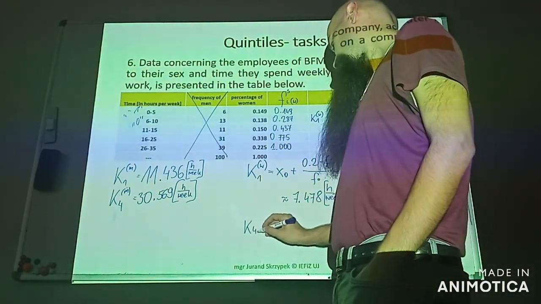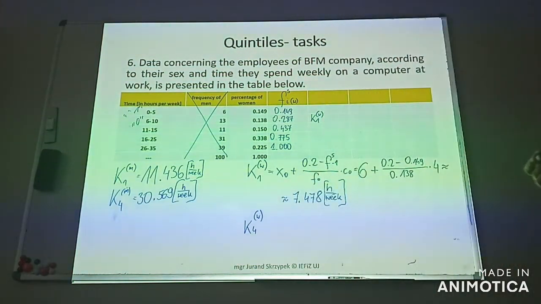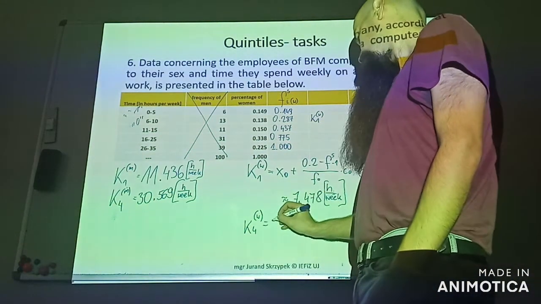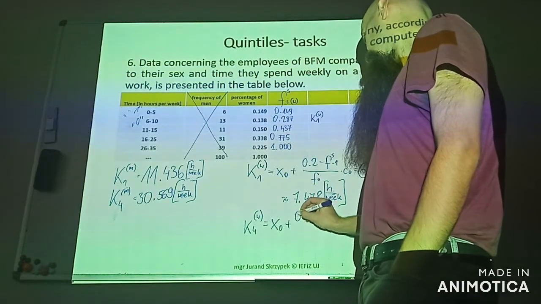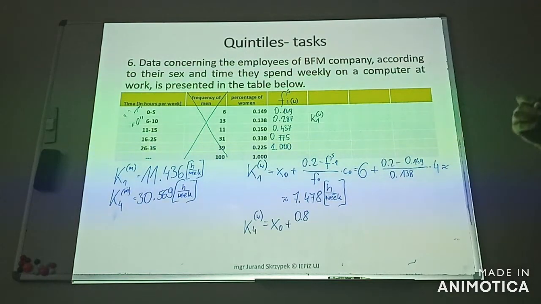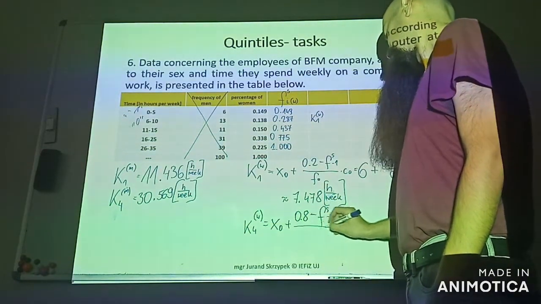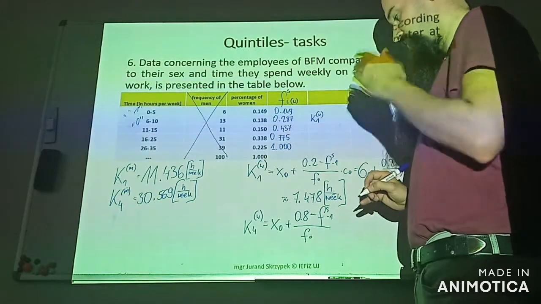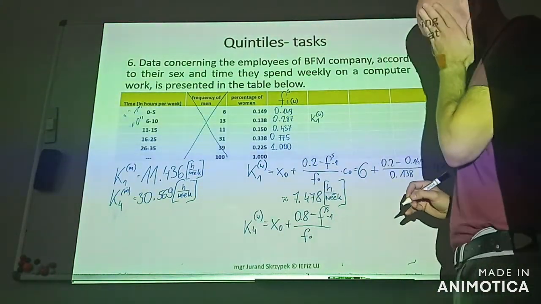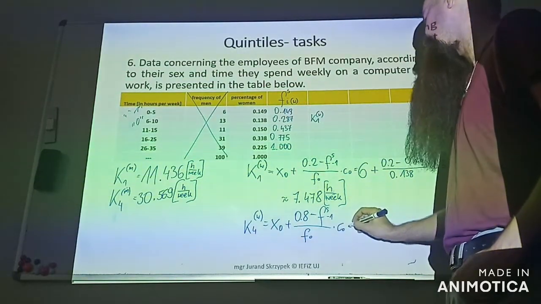Another measure, the fourth quintile of time spent in front of the computer for the group of women, is x0 plus 0.8, because we are talking about the fourth quintile, 80% minus fs minus 1, divided by the relative frequency of the class of the fourth quintile, multiplied by C0.